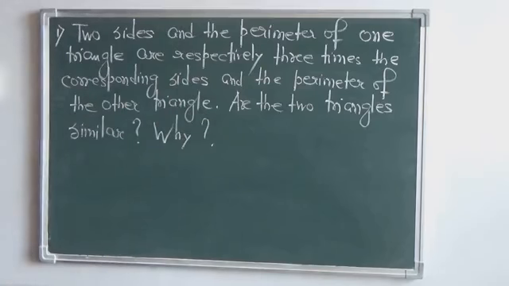Read this question carefully, it is conceptual based. Two sides and the perimeter of one triangle are respectively three times the corresponding sides and the perimeter of the other triangle. Are the two triangles similar?